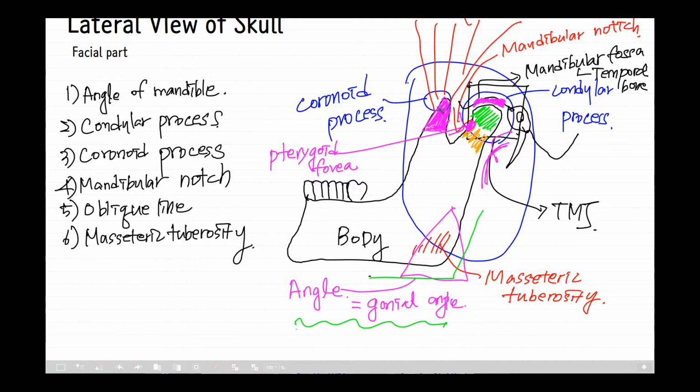It is not expressed well in this figure, sorry, but it is continuous below with the anterior border of the ramus. This is the ramus, so it is the anterior border of the ramus. Its posterior border is concave and forms the anterior boundary of the mandibular notch. This is slightly concave, and this is the mandibular notch.